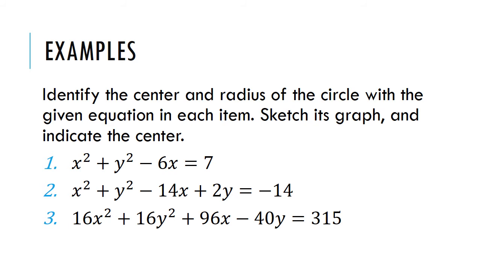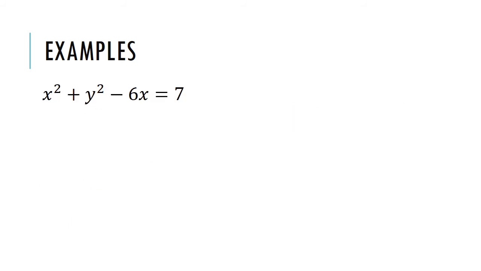So, let's try to solve. Ito yung mga given examples: 1, 2, 3. For number 1, x squared plus y squared minus 6x equals 7. As you can see, ang center niya is wala sa origin kasi meron siyang minus 6x dito. So, ang ginawa natin last time, we combine similar terms.